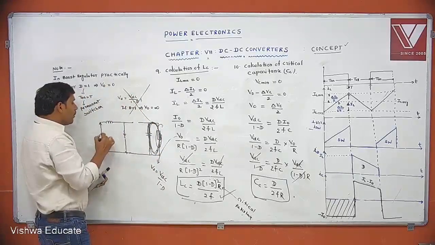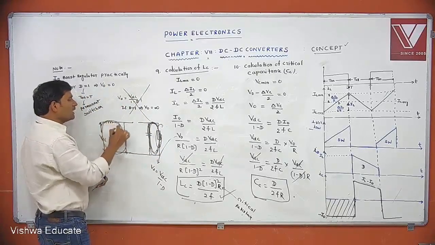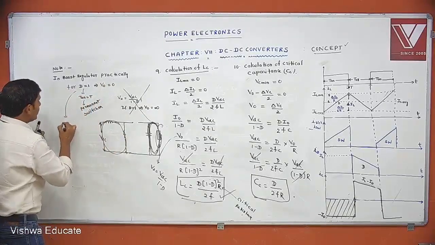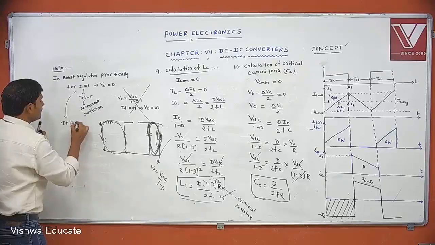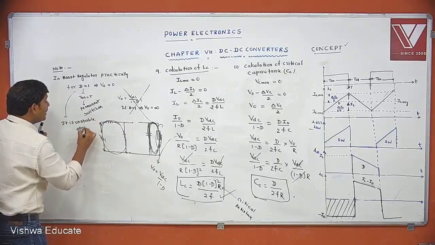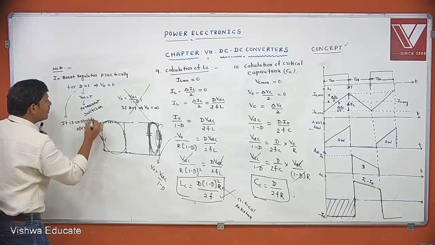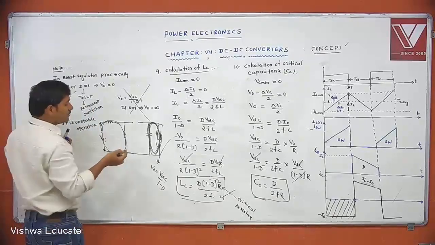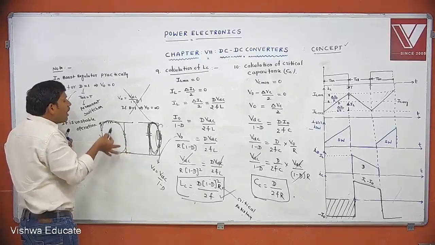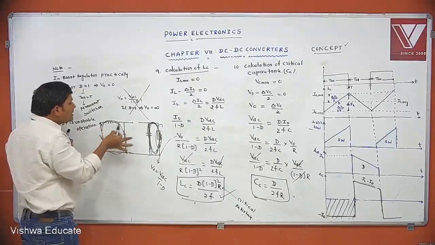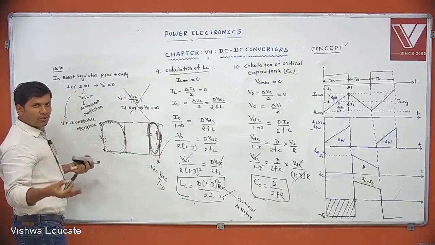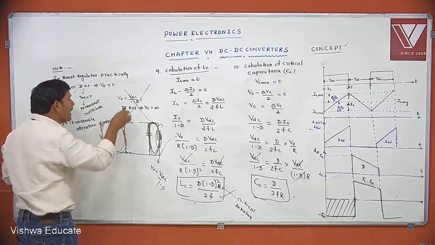But what about the inductor? The inductor is storing the energy, but it is unstable operation. Can you tell why it is unstable operation? If you permanently switch on the switch, the inductor is always storing the energy. It never releases the energy. How much time will it store? After some time, the inductor will be damaged.